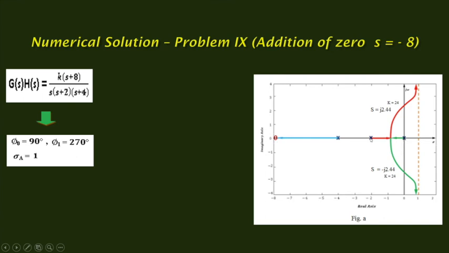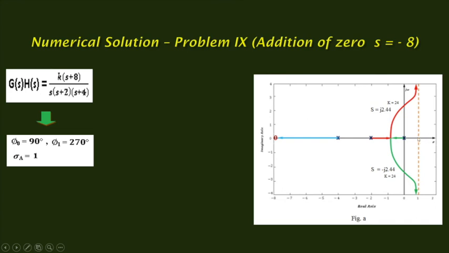So the root locus lies on the real axis between the origin and -2, then there is no root locus, and another root locus is present from -4 to -8. That means root locus starts from -4 and finishes at -8. And these two root locus branches move and meet at a point. This point is called the breakaway point.